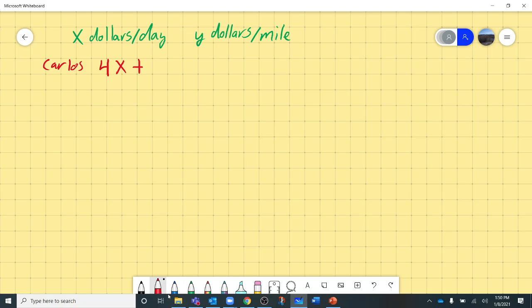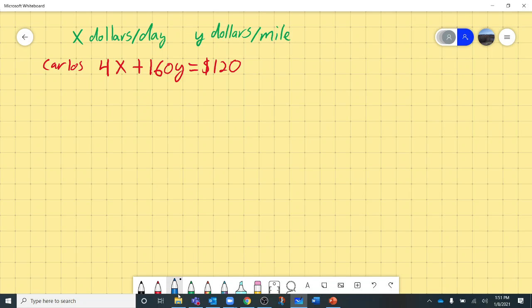And he drove 160 miles. So if we multiply that by Y, that'll give us that much. And he spent $120. Seems like a pretty good price for a rental.